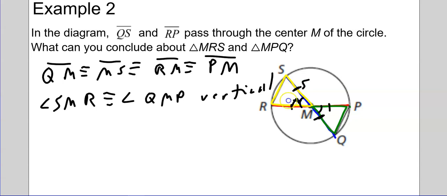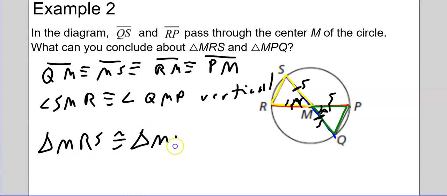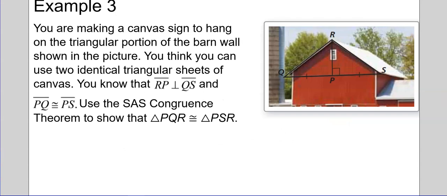We have SAS. So we know triangle MRS is congruent to triangle MPQ by side angle side. We just kind of did a theorem without the structure of a theorem. Again, hit pause if you need to.